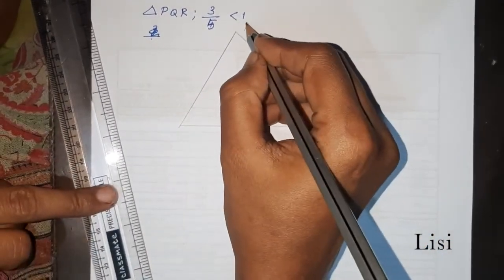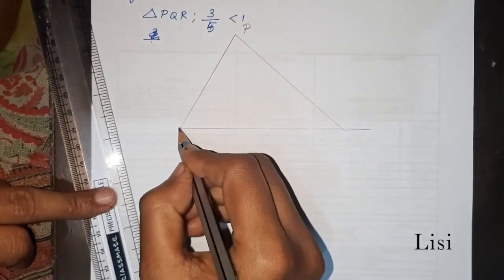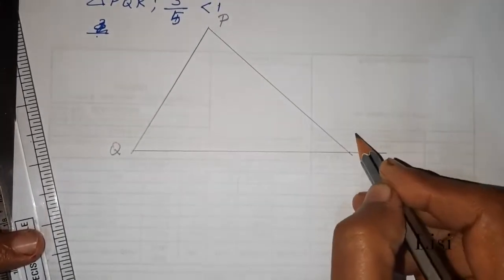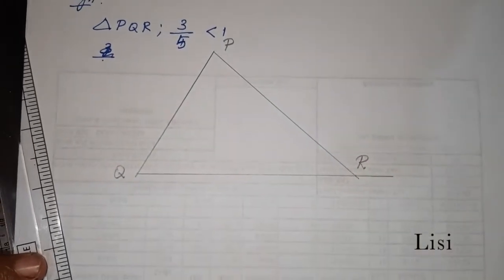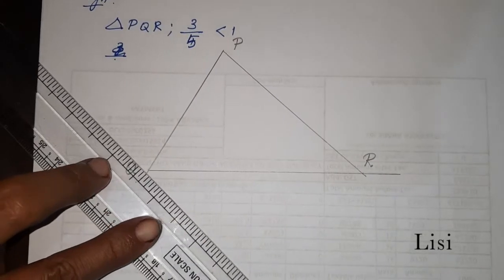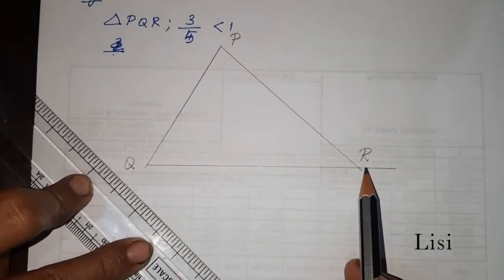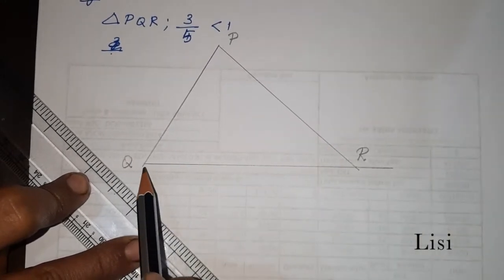Have this vertex as your P, this vertex as Q, and this vertex as R. Clear, ma?